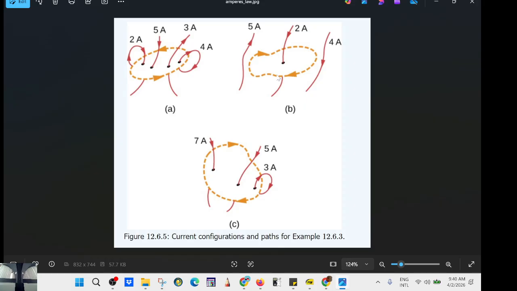So going this way, it's going to be positive. So 2 is positive, 4 you don't care, 5 you don't care. Is that clear? For the upper left one, you go around the opposite direction. You go this way. So 3 will be positive, 4 will be positive, 5 will be negative.